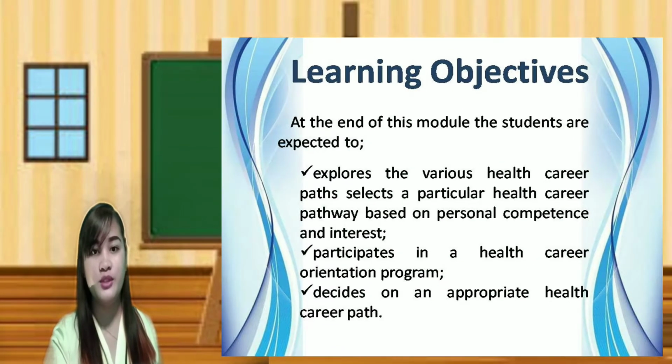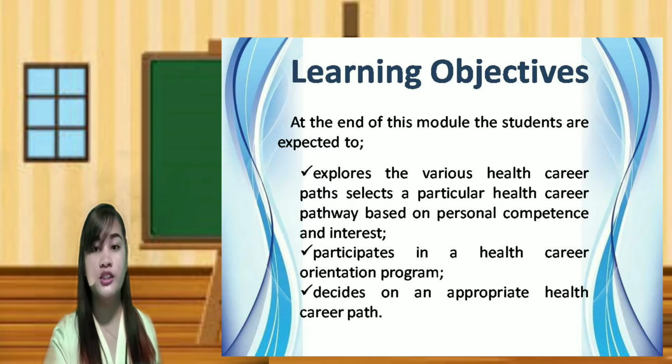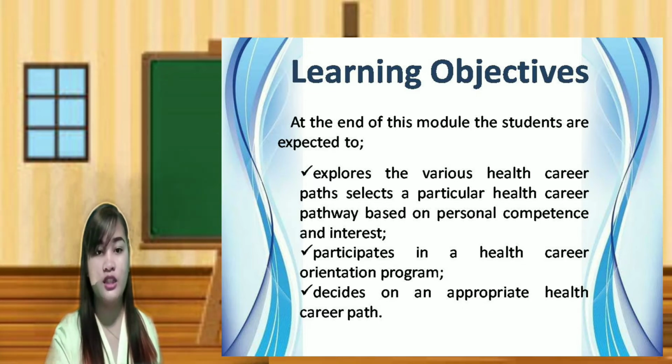At the end of this module, the students are expected to explore the various health career paths, select a particular health career pathway based on personal competence and interests, participate in a health career orientation program, and decide on an appropriate health career path.